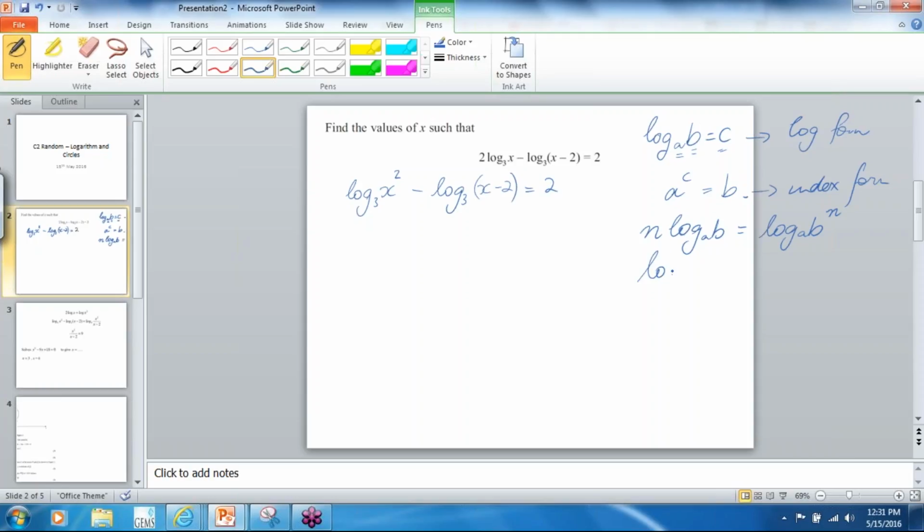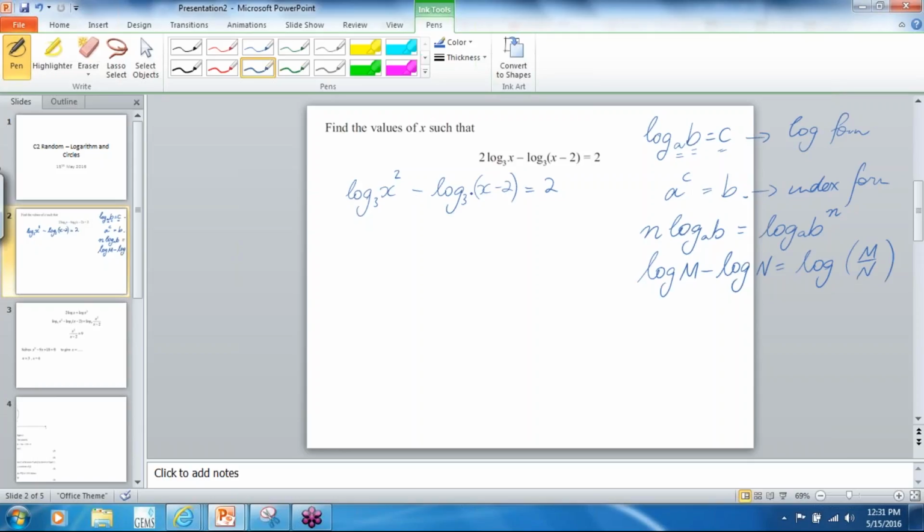So one of the rules when we have the log of m minus the log of n, that will equal the log of m over n. Just looking in your formula sheet, that particular rule is not there, so you need to know that.